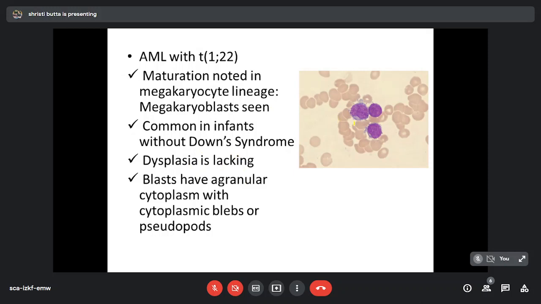And blasts are usually of megakaryocytic nature. You have a lot of pseudopods that you see over here. Lot of pseudopods. Okay. So blasts are agranular. They have cytoplasmic blebs or pseudopods and no association with Down syndrome, unlike other AMLs showing megakaryoblast morphology associated with Down syndrome, that is the transient abnormal myelopoiesis. Okay.